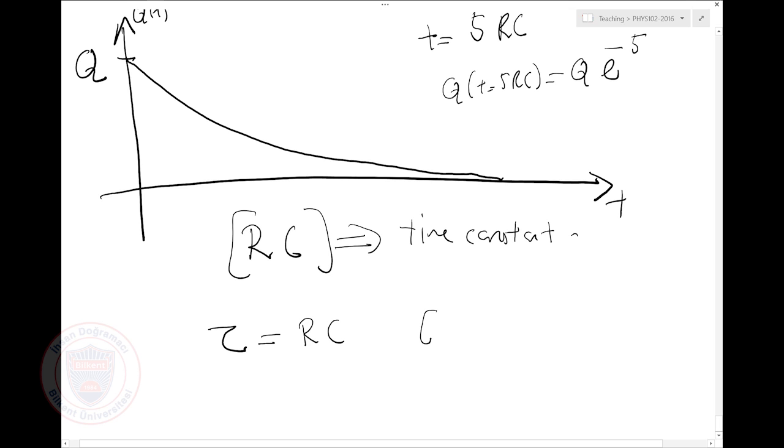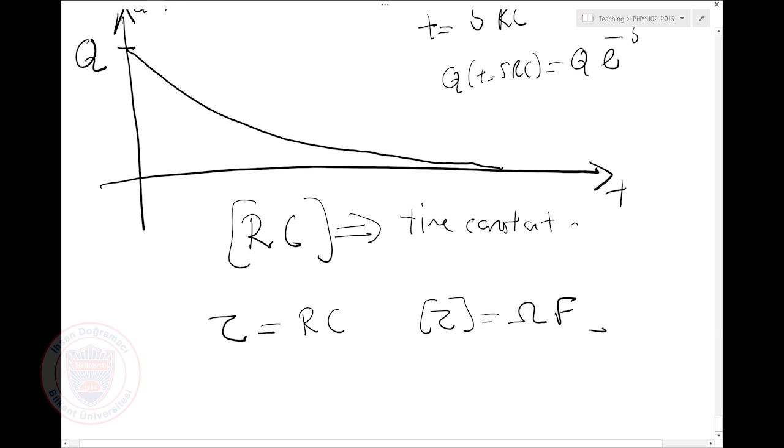Tau unit is, R unit is ohm, C unit is, capacitance unit is, come on, what was the unit for capacitance? Farad. But it's amazing, work this out yourself, we're going to do it the first thing next lecture. Ohm times farad is second.